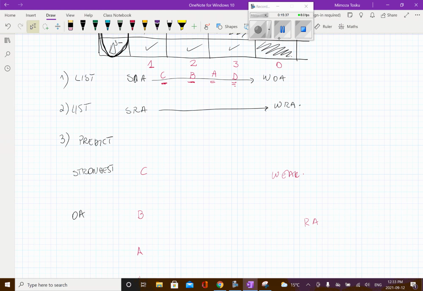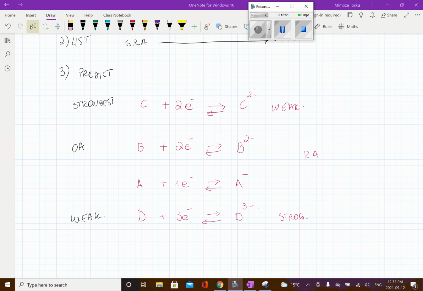Okay, now let's write the equations for them. I will write the equation, and then you will see the equations written. You stop the video, write the equation, and check it with mine. So you should have a table that looks like this, in which you are sorting the oxidation agents from the strongest to the weakest, the order being C, B, A, D, and then you write the equations.